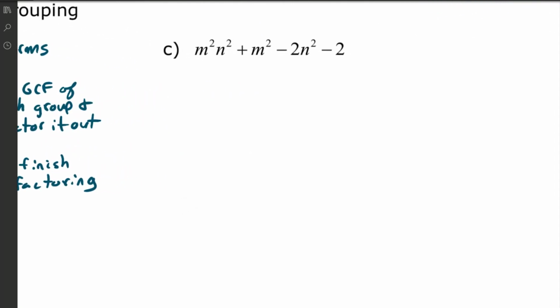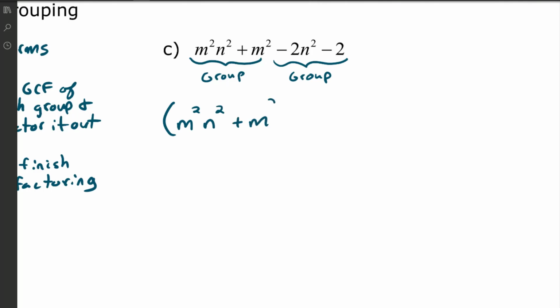Now, let's start by grouping these. So we want to group these right here, and then we want to group these. Now on this second grouping, I want to show you how I'm going to write the parentheses for this. When I group the first set, nothing new happens with that set.